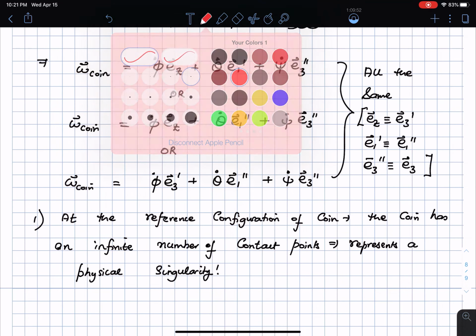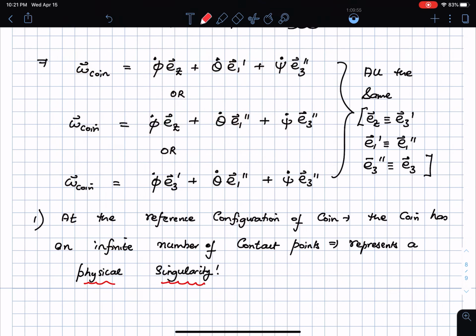Okay, that's an important thing, because there are an infinite number of contact points. We really do not know if the coin is rolling or not, and the fact that the coin is planning to roll is the saving grace for us.